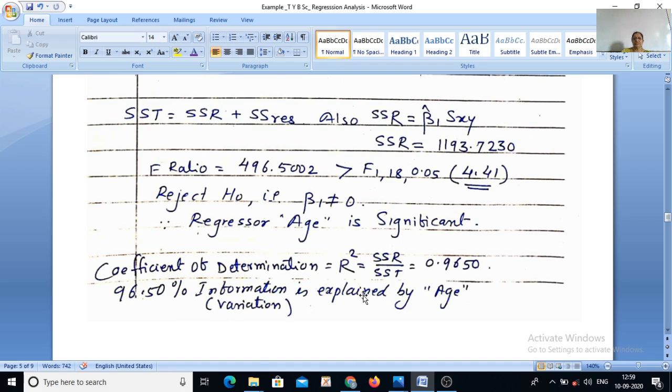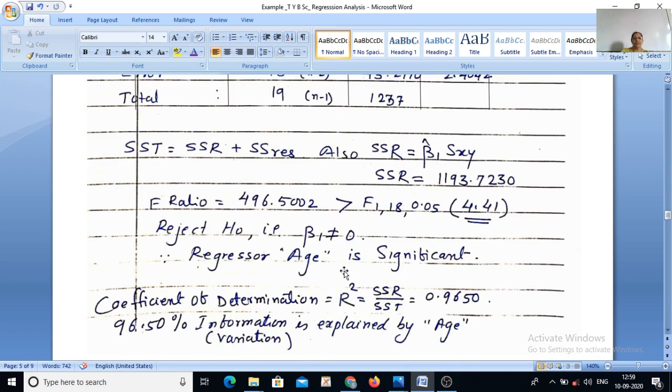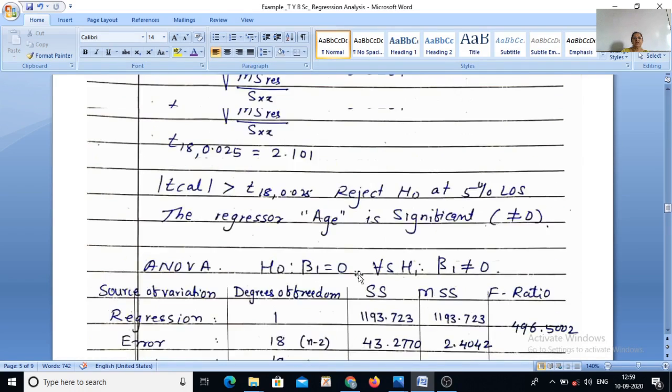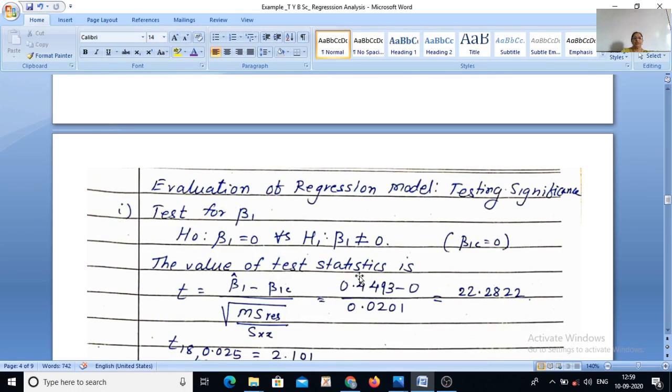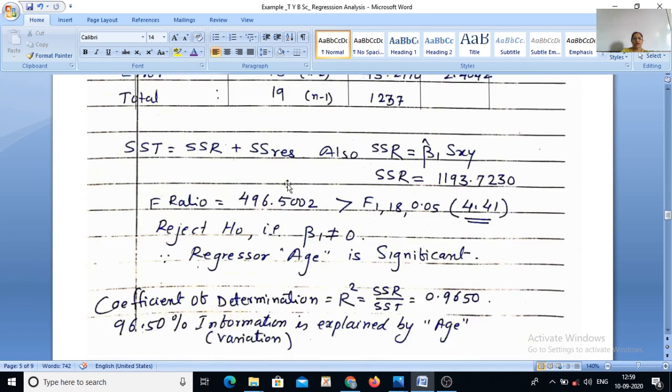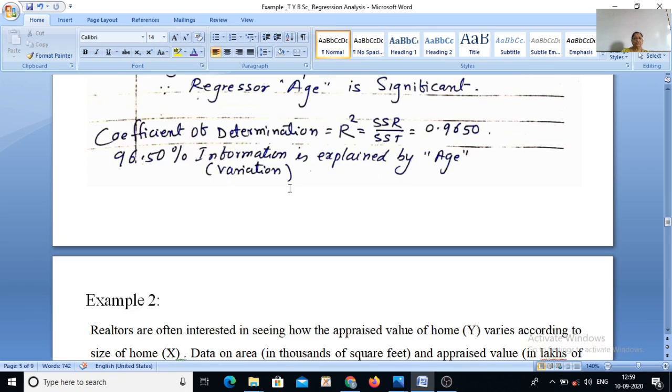So we will say that age is a very important factor while determining BP of the patient. Okay, so in this way we can use analysis of variance, or computation of the coefficient of determination, or testing the significance of beta 1 using the t-test for evaluation of the regression model. So these are the three ways to discuss the validity of your model.